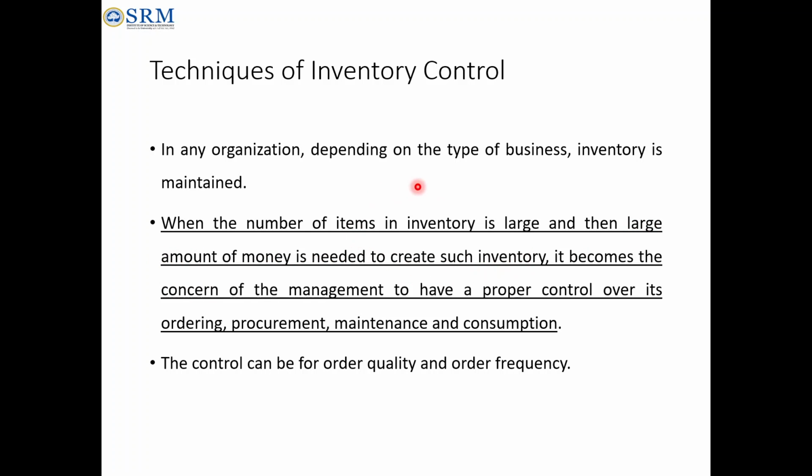Inventory being large means the money spent on it will be more, so we have to have proper management. It becomes a concern for the management to have proper control over ordering, procurement, maintenance, and consumption. Of course, if we have a large inventory, we have a large investment in it, so we have to have proper control over that. It is very obvious, so proper techniques should be there.